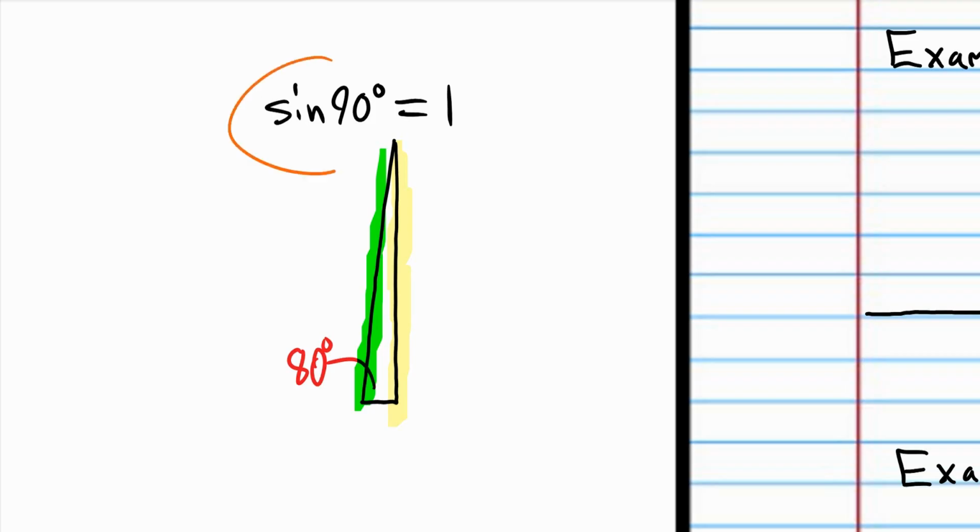So as this function approaches 90 degrees, the ratio of the opposite side and the hypotenuse approaches 1.